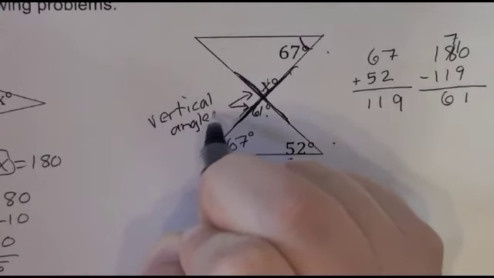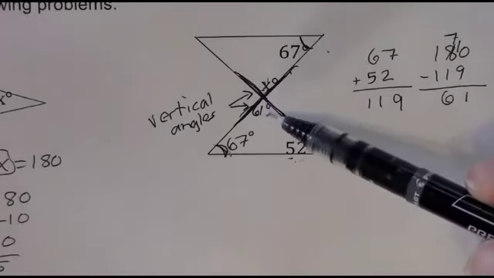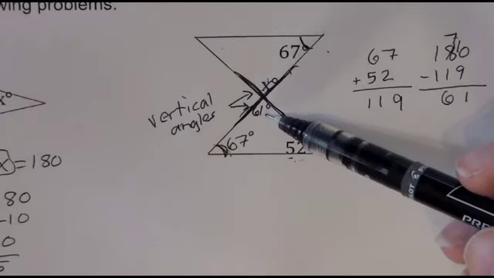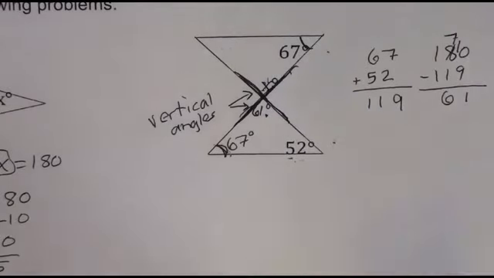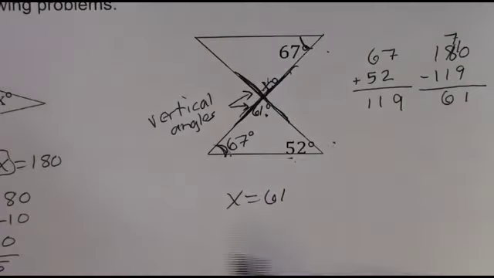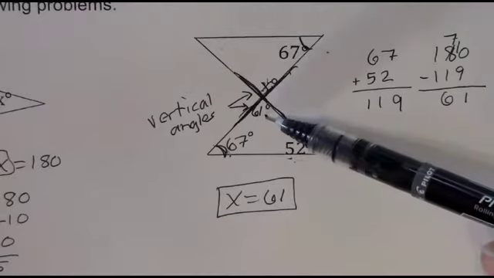Vertical angles are special because vertical angles are congruent to one another. That means this angle at the bottom and the x have the same measure. So if the angle on the bottom is 61, x must also be 61 because x is congruent to the 61 degrees below.